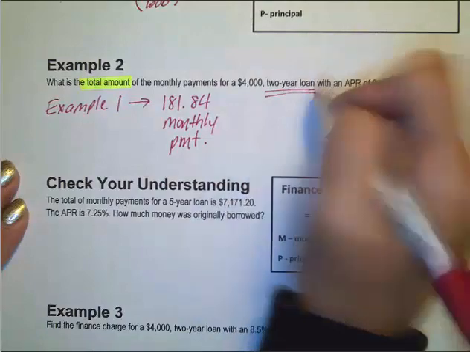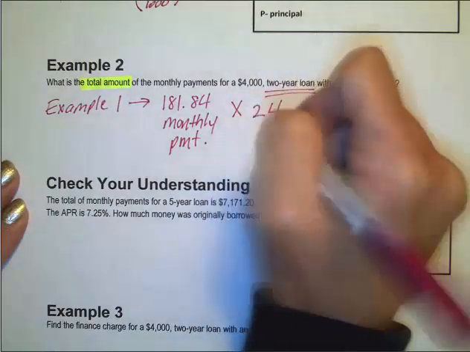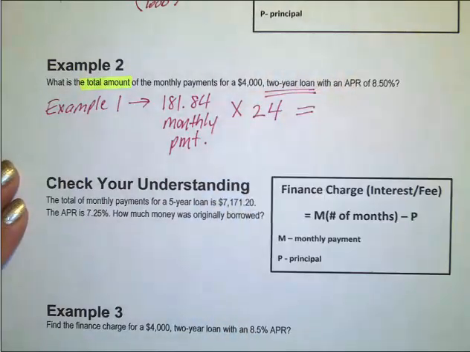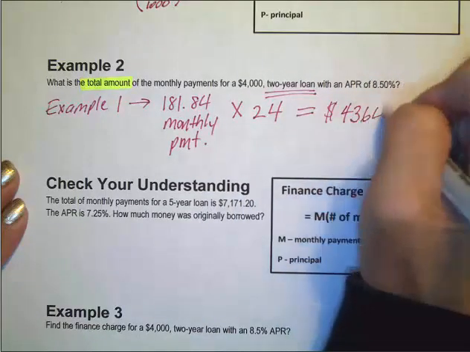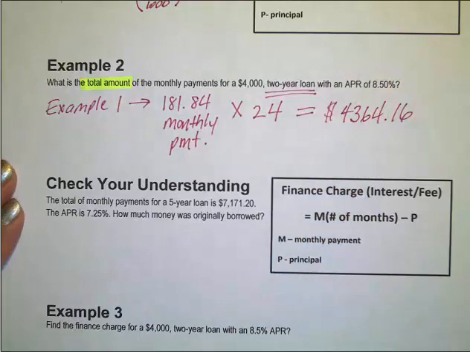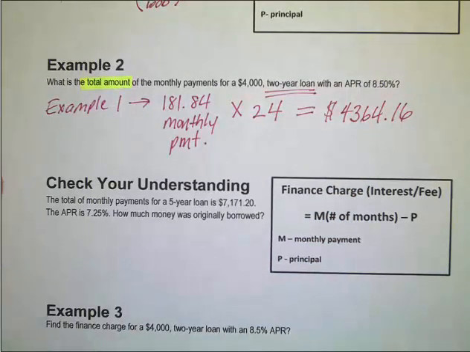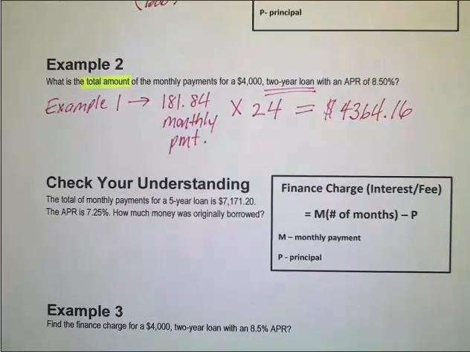So we're going to multiply this by 24 months. And we end up paying $4,364.16 for our $4,000 loan. Okay, so that's the part you have to understand, is just because you're taking out a loan, you don't pay exactly that amount back.